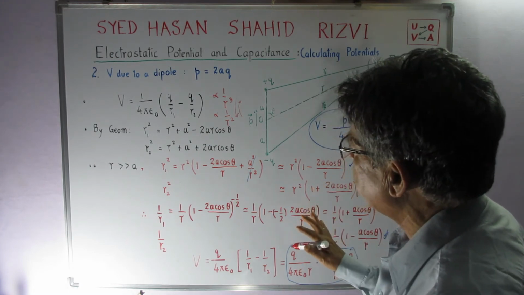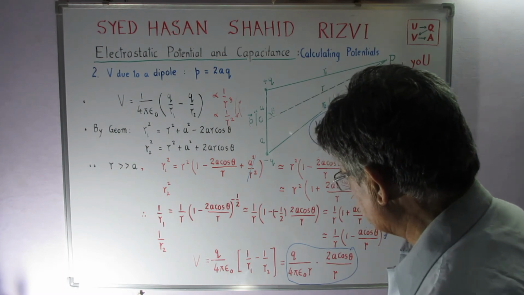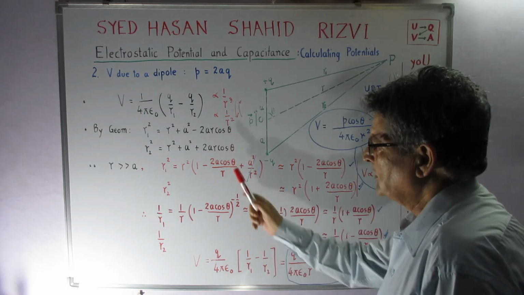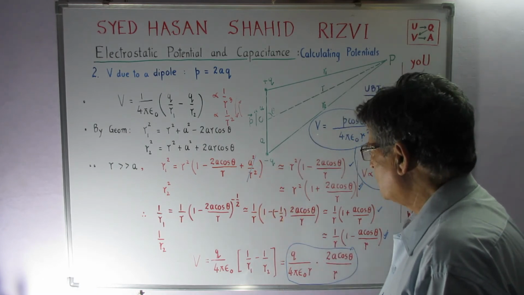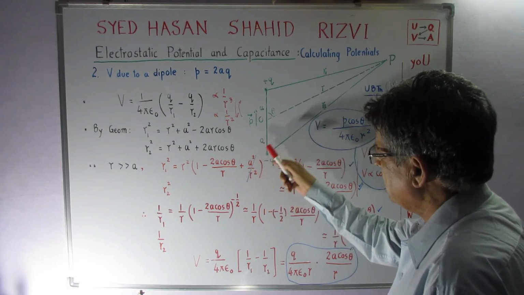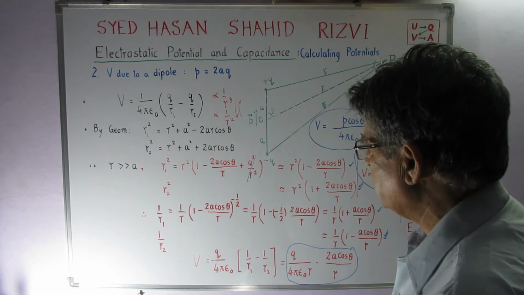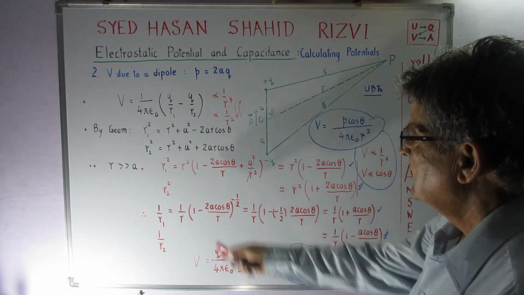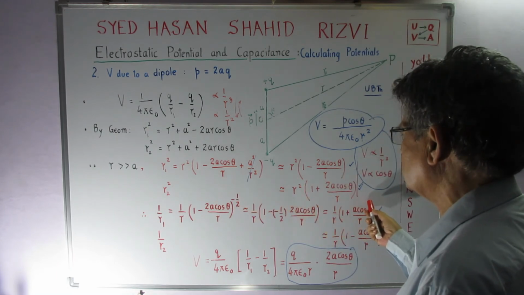So I repeat, the results that we have obtained, I have obtained by using the geometry. From the geometry we take the linear approximation, and then we ignore this a square upon r square because this is infinitesimally small. I get this result. For r2 square, I get this result.